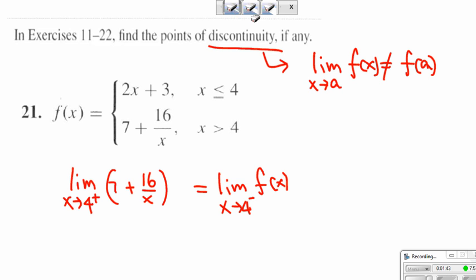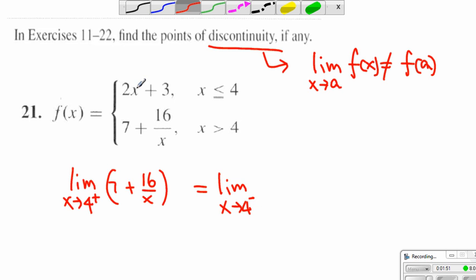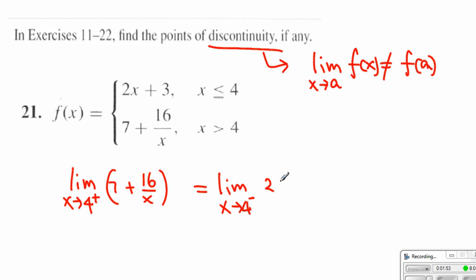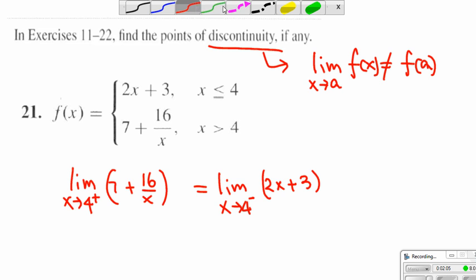Likewise, for the left, x has to be a bit less than 4, so it is coming from the upper value, 2x plus 3. So we just have to evaluate this. We know that at 4, these pieces are continuous individually, so we can simply substitute the values in.